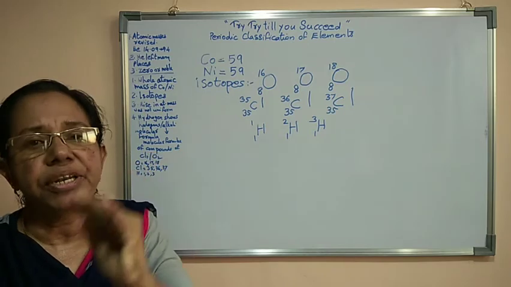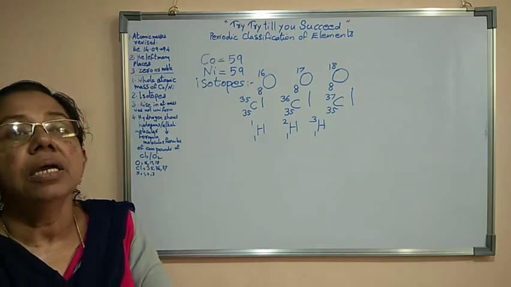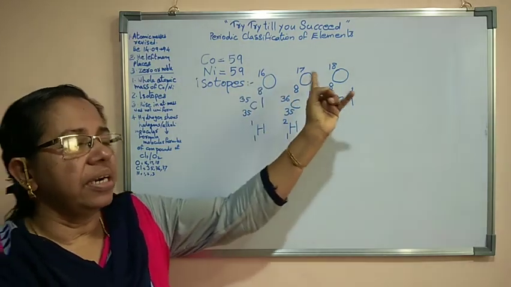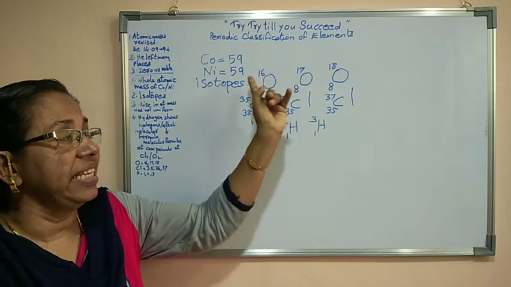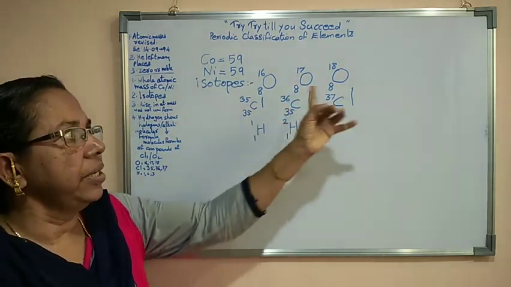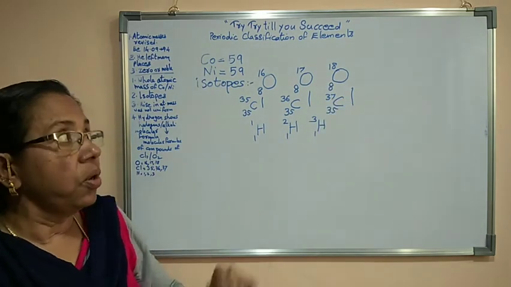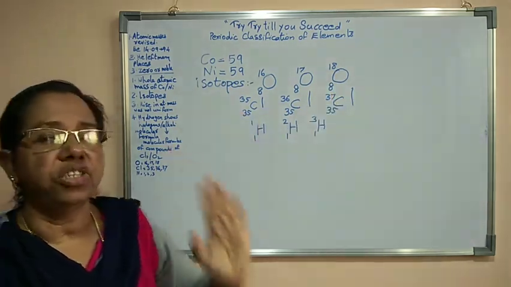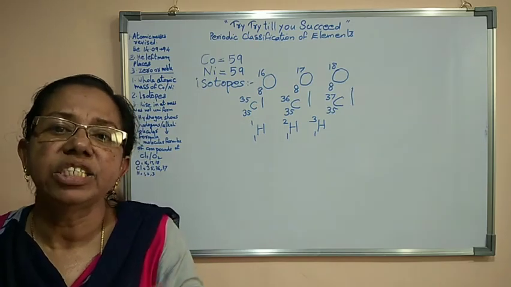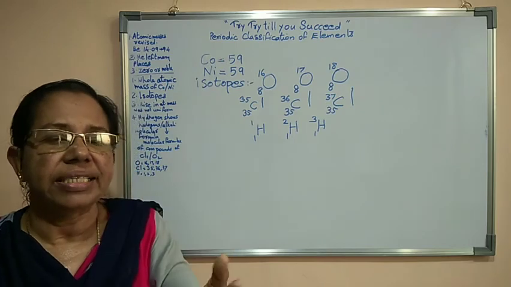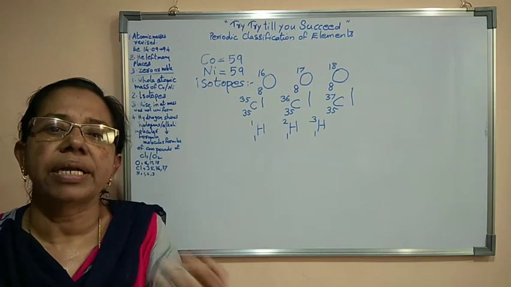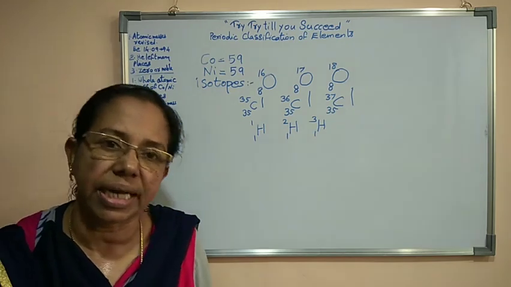Isotopes are atoms of the same element having different atomic mass numbers but the same atomic number. So, for arranging these isotopes, Mendeleev didn't keep any space. So, we can say that this is again a disadvantage or demerit of Mendeleev's periodic table.